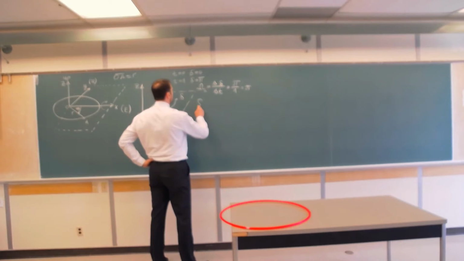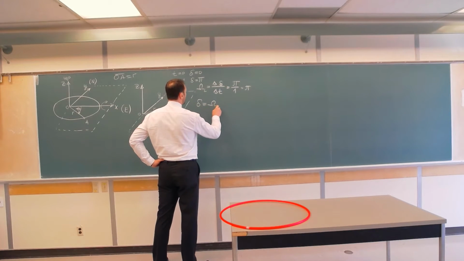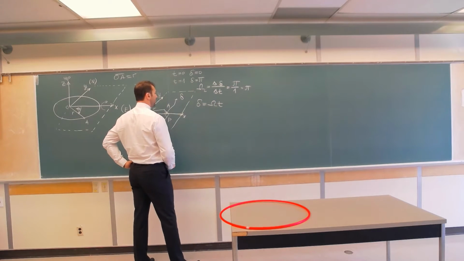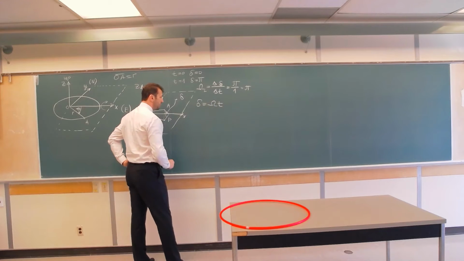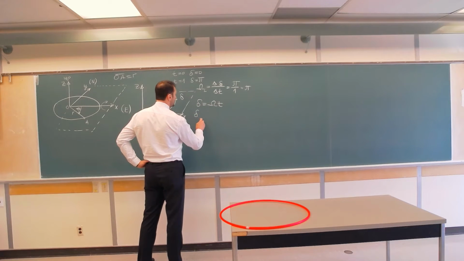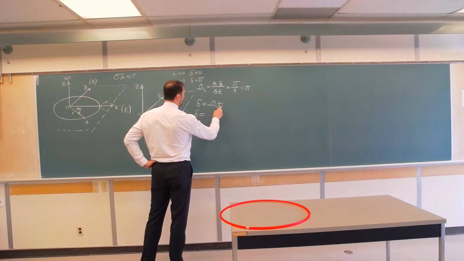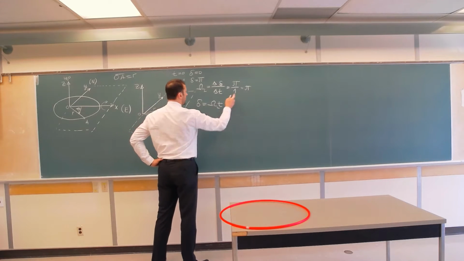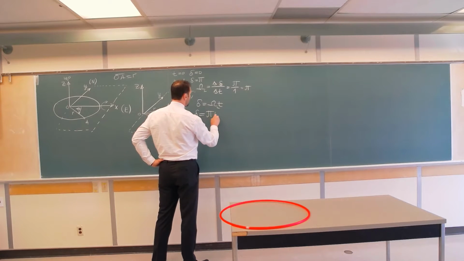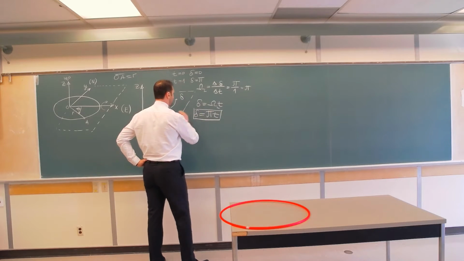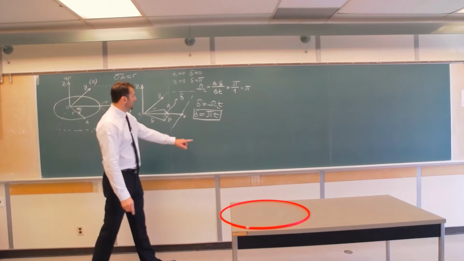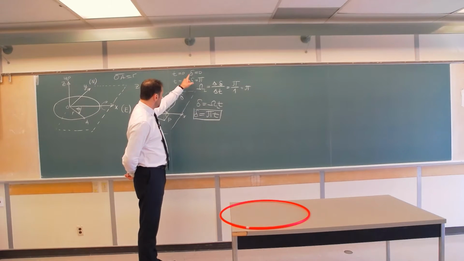Or, knowing that delta is equal omega times t, definition of angular velocity, I can see that delta is equal omega L t, which is pi t. So when t is equal 0, delta is equal 0.